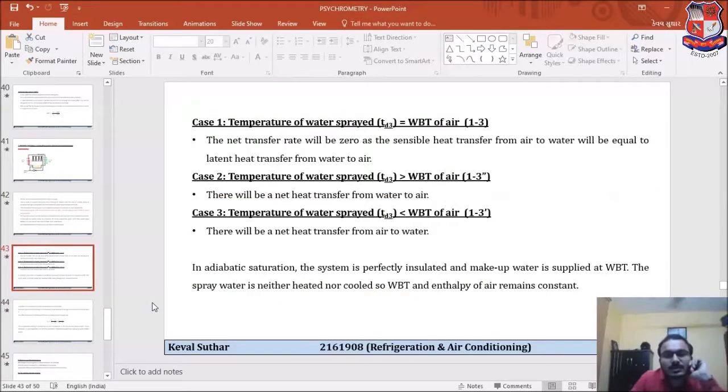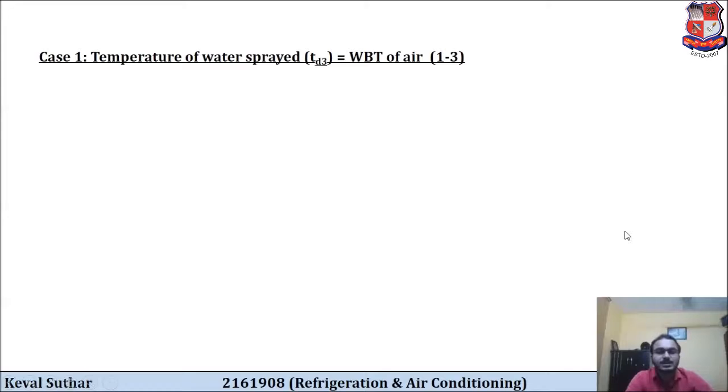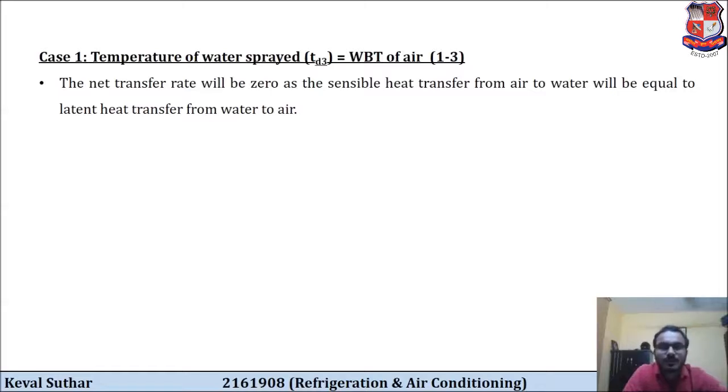So here we will see the three cases. Our first case is temperature of water sprayed, that is TD3, is equal to wet bulb temperature of air. The net heat transfer rate will be 0, as the sensible heat transfer from the air to the water will be equal to the latent heat transfer from the water to the air.